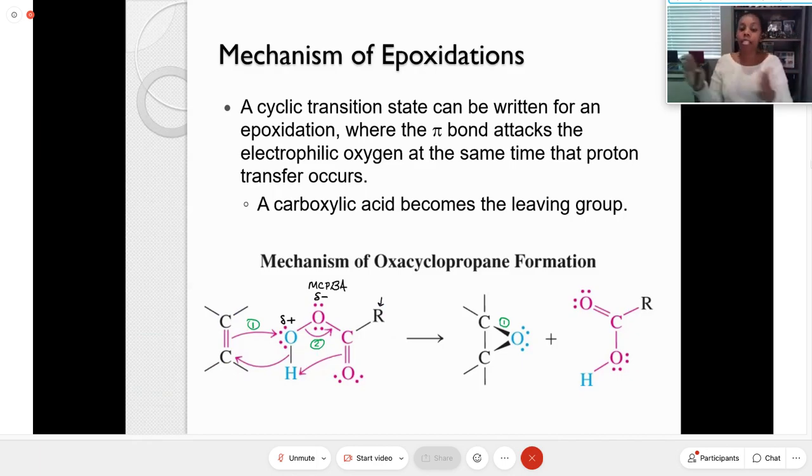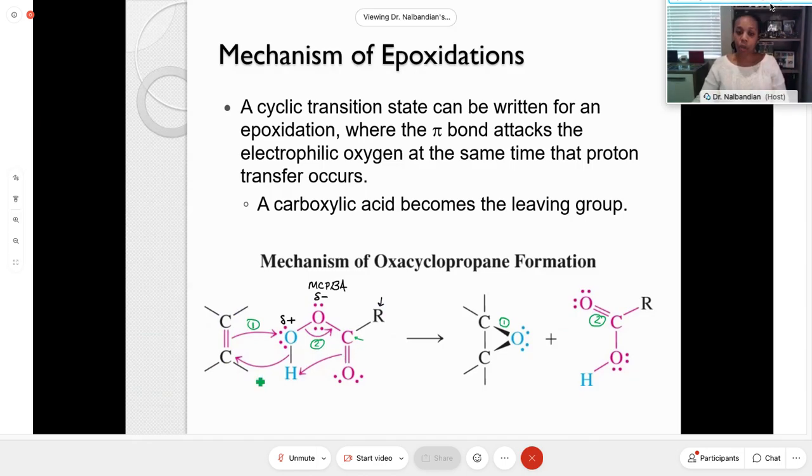So from the middle of the oxygen-oxygen bond to the middle of the oxygen-carbon bond, this gives us the double bond we see here in the product. But now this carbon had a full octet, so it can't have a double bond and another double bond, so something has to give.